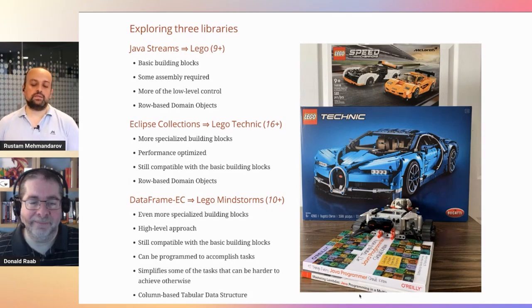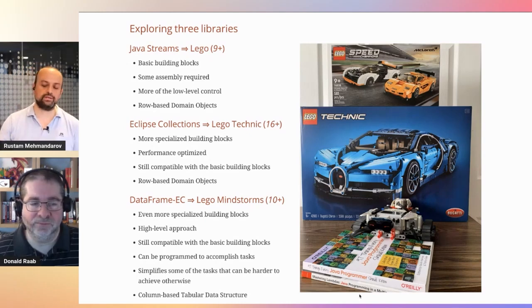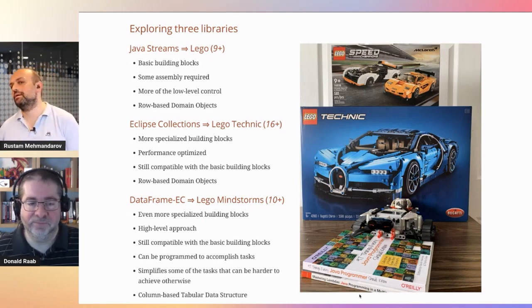Eclipse Collections is a little bit different, right? It's closer to what you see in Lego Technic, where you have all the standard and basic pieces, but also extra pieces that are very specialized to build that particular thing. A particular set of cogs to do a transmission box for a car, or a tiny little piece to do the grill on a car. It's not standard, and you can't use it on many other things.